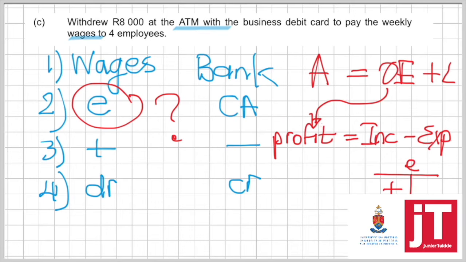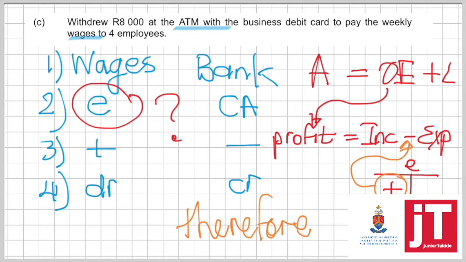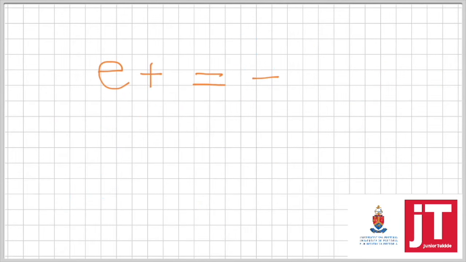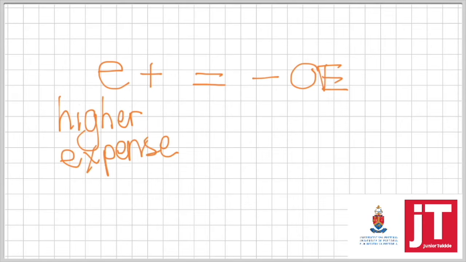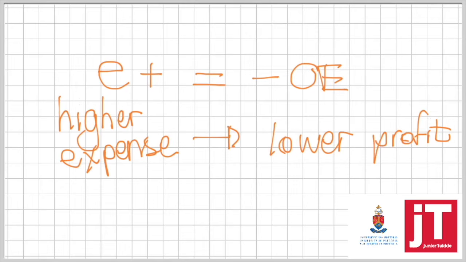So what does this increase in expense do to equity? A plus in expense has a negative effect on equity because it reduces profit. Therefore, an increase in an expense is a negative on owner's equity. The higher the expense, the lower your profit will be in the future.